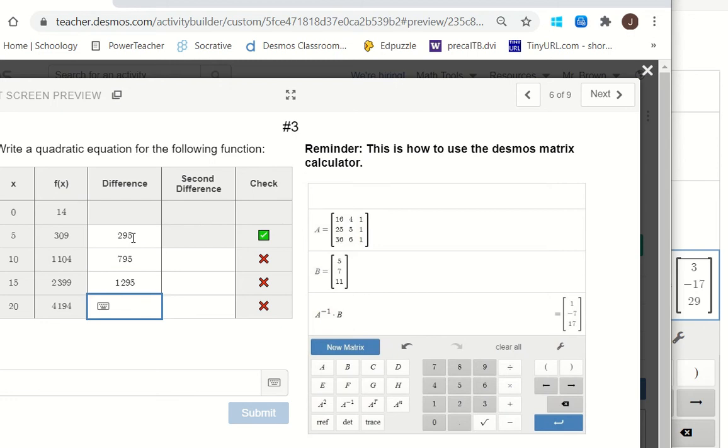And I bet this is 1795. 4194 minus 2399 equals 1795.